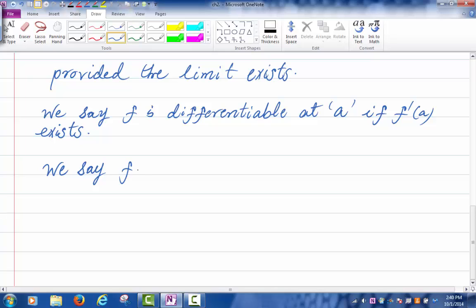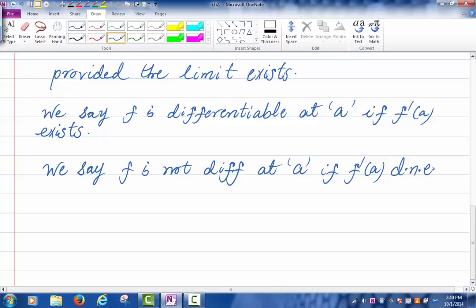We say that f is not differentiable at A if f prime of A does not exist.